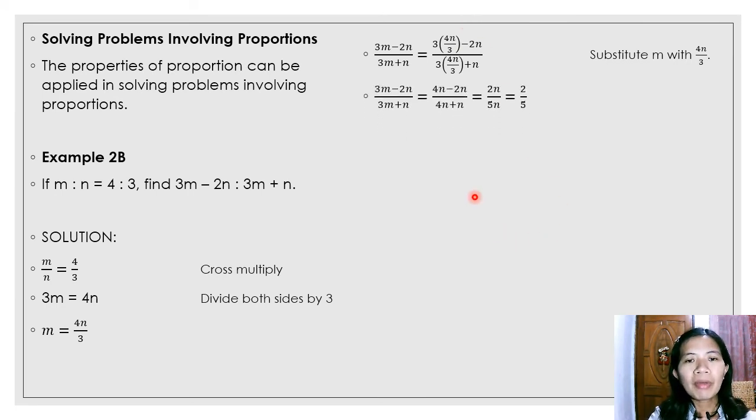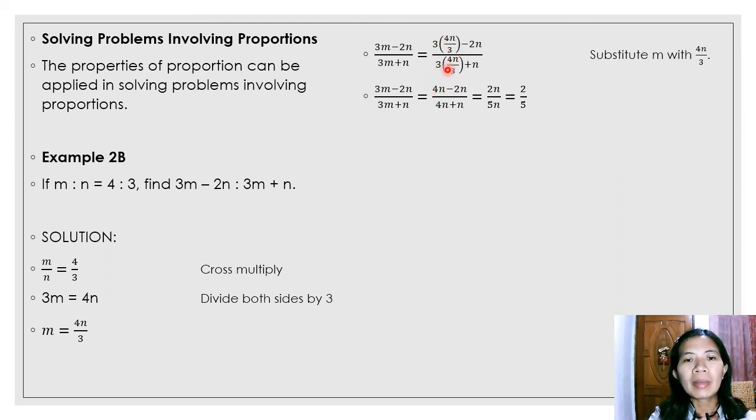Then we are going to simplify. 3 times 4 is 12n all over 3. But if we notice, the 3 in the numerator can be simplified with the denominator, which is also 3. So 3 divided by 3 is 1, remaining 4n.